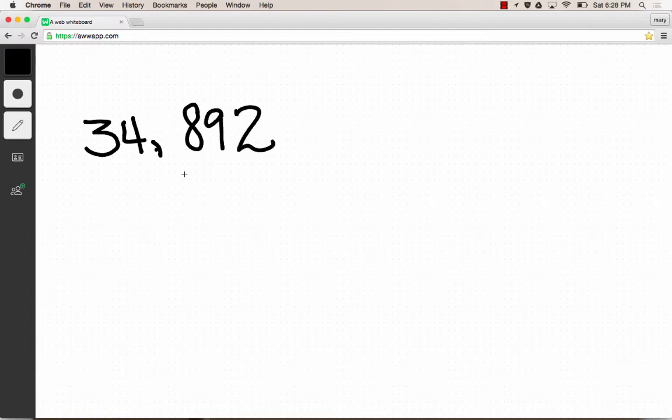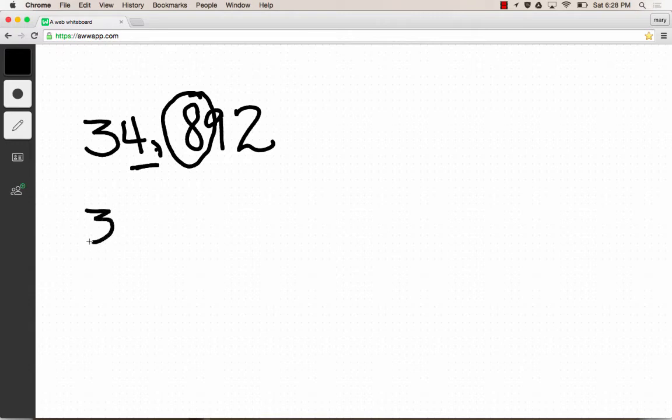All right, we're going to go ahead and get started and see how you did on these first problems. We have 34,892. This first one, we have the 4 underlined, so that is the thousands place. We're going to circle the 8 and notice that it is 5 or higher, which is going to tell us then that the 4 needs to go up 1 digit, so a 5.